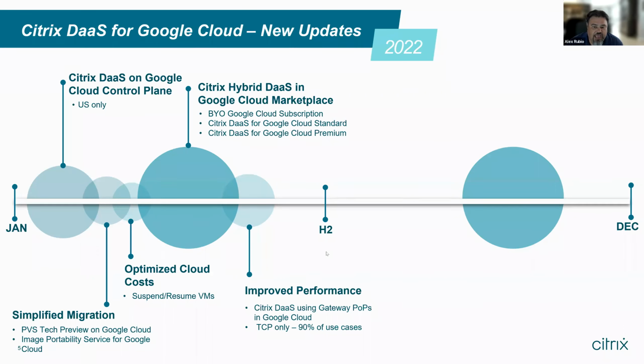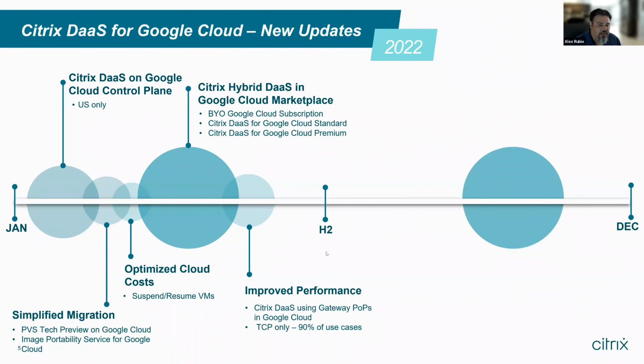If you have a big on-prem environment with all your images set up for on-prem, this service allows you to easily migrate those VMs to Google Cloud. So you could still have one golden image that you use for deployments, and with this service, we can easily translate that and upload it to Google Cloud, so you can deploy desktops however you want in Google Cloud.